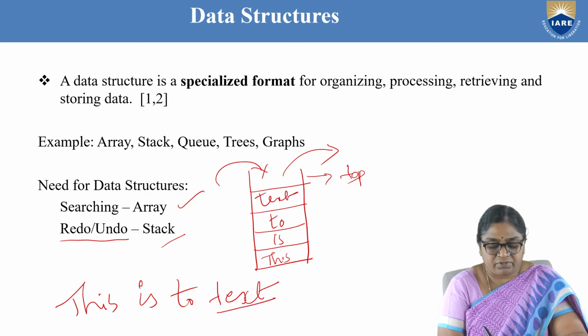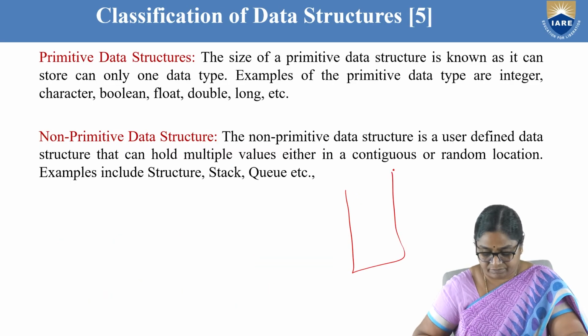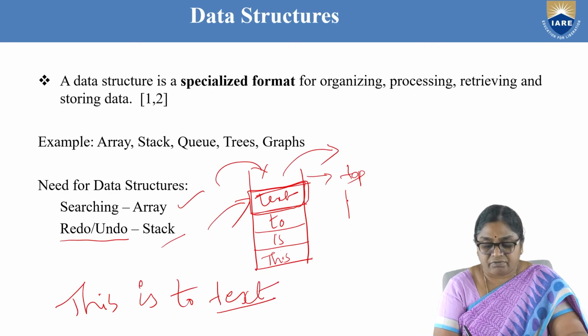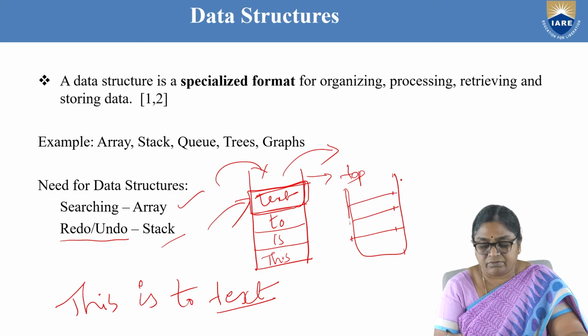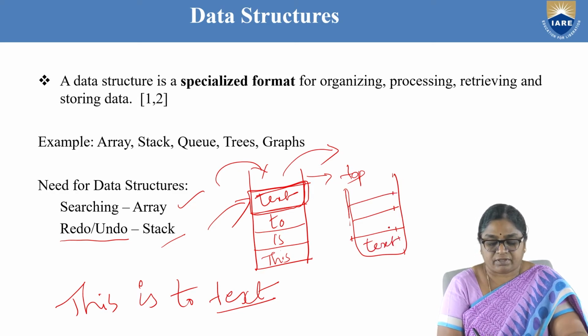If I want to remove this one, I'll go with Control Z. That is nothing but undo. So if I type Control Z, then automatically it removes the top element, that is text, from the undo stack, and it will place text onto the redo stack. It will remove this one from the stack.